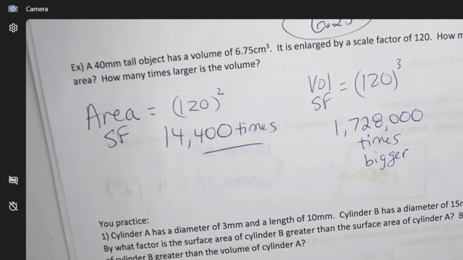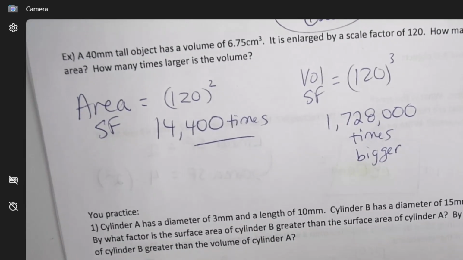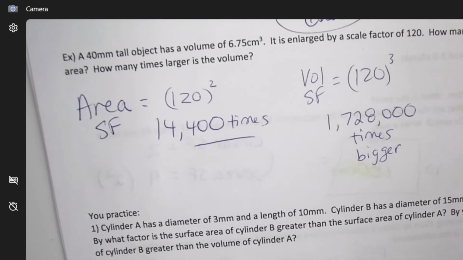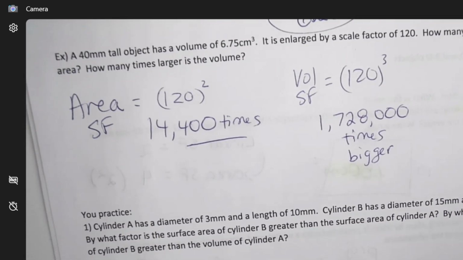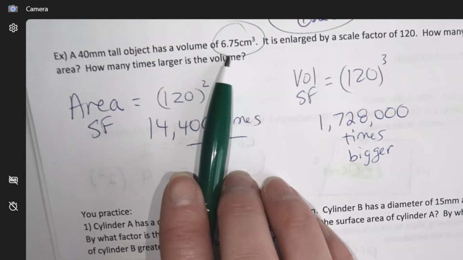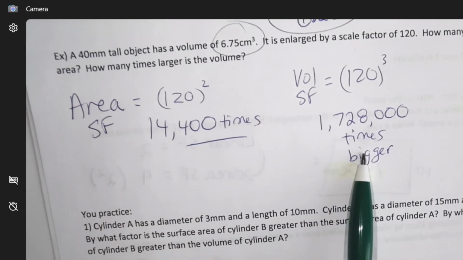So here's one more question on this. I'm going to add on. What is the volume of the enlarged object? So what would you do to get that answer? I have the volume of the original, and I'm going to increase the object's volume that much times bigger.